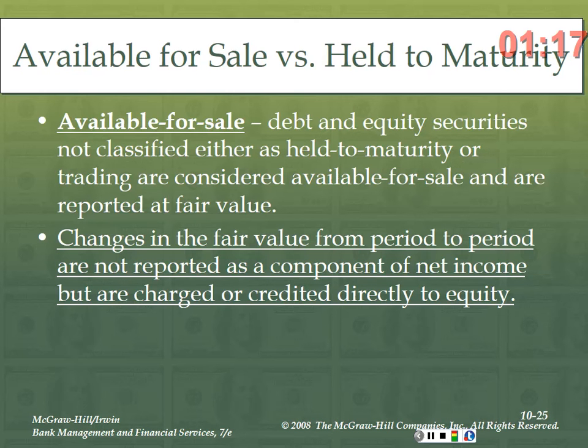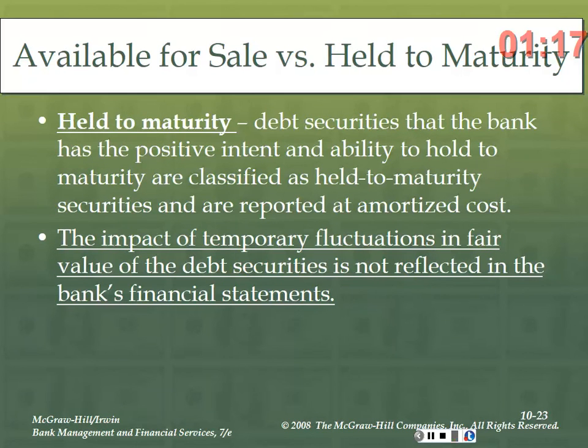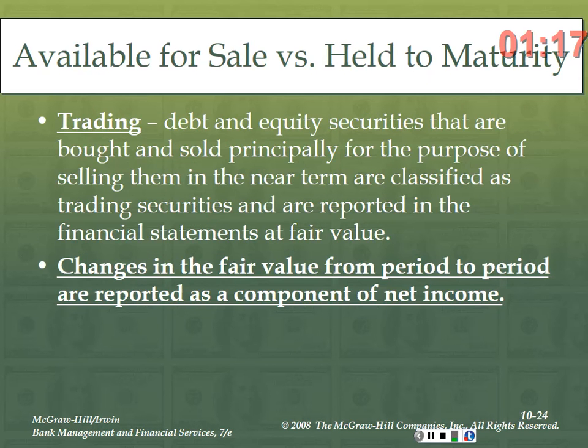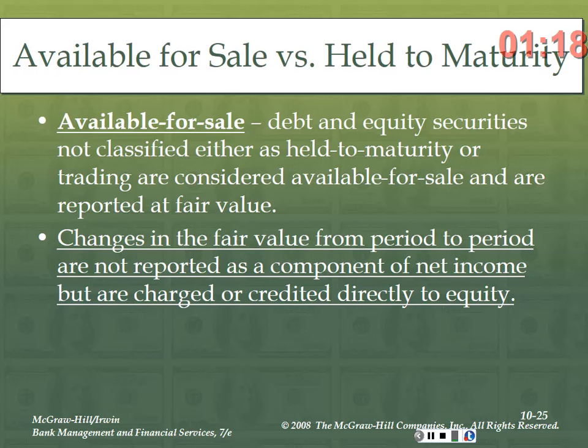So what I want you to know for test purposes is, for each of these, know the definition, but also know how we have to treat these in terms of accounting, depending on if something is labeled held to maturity, trading, or available for sale. And that's going to be the underlined portion of each one of these slides.